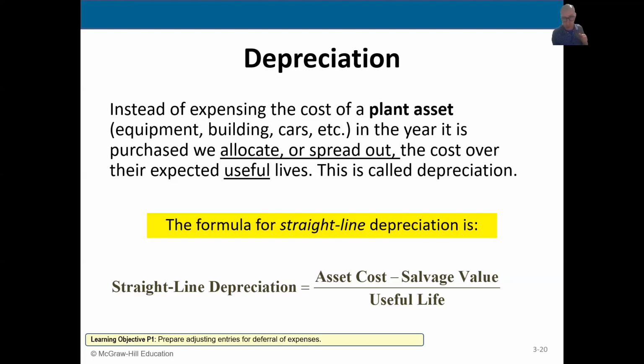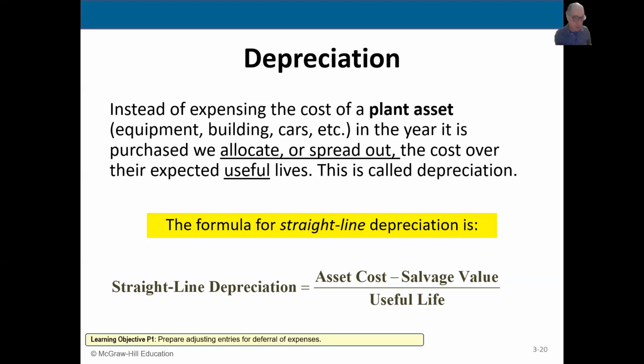The purchase price maybe plus installation, plus delivery expense, whatever. It's the total cost of the asset, minus its salvage value. Salvage value is what the asset would be worth at the end of its useful life.